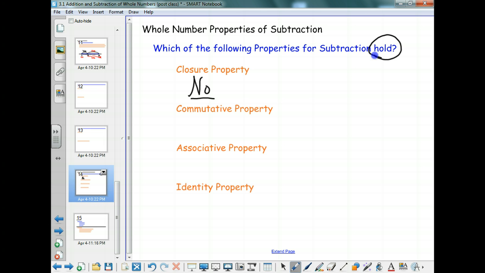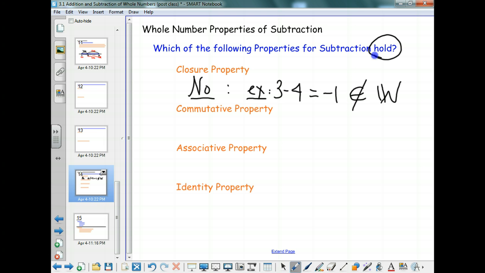And what were the numbers you said, Lauren? 3 minus 4. They're both whole numbers, 3 and 4, and you subtract them, you get -1, and -1 is not an element of the whole numbers, right? Yeah, so no closure property for subtraction.